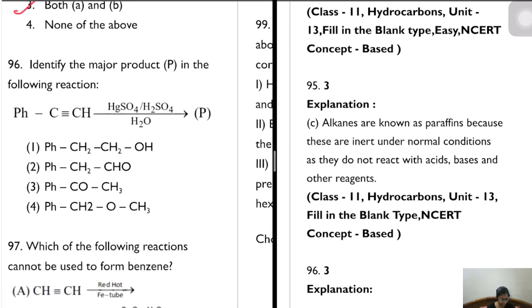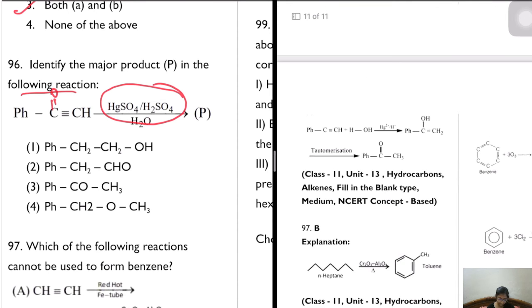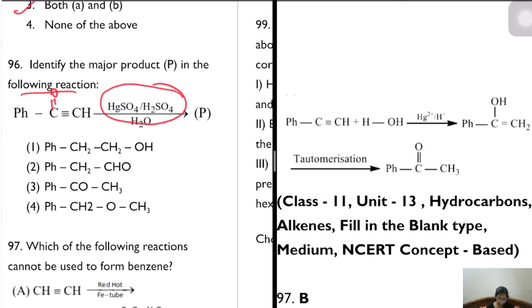Identify the major product P in the following reaction. This is the reaction given. What is the answer? See, this reagent, what will it do? Firstly, Hg2+ and H+, what they will do?